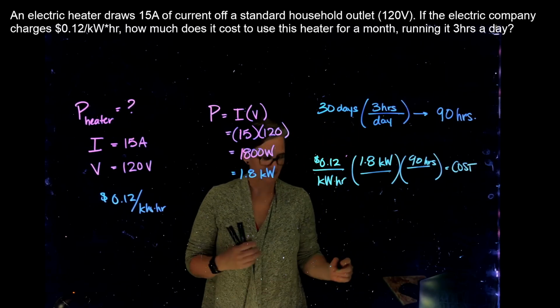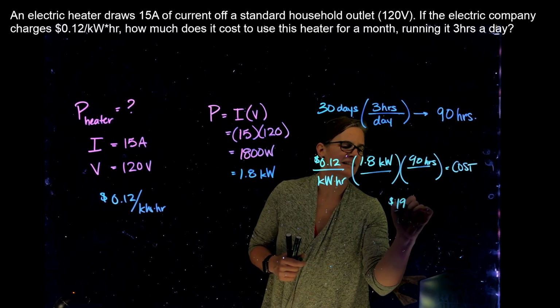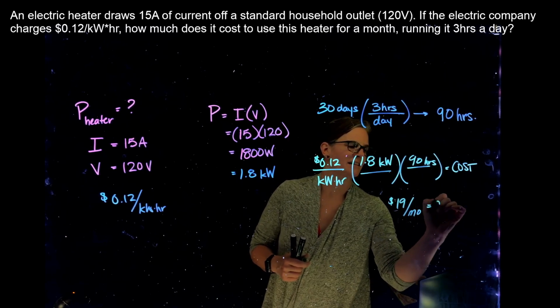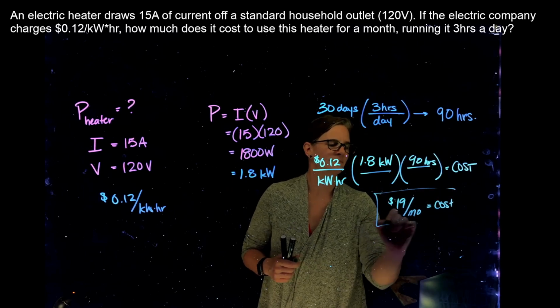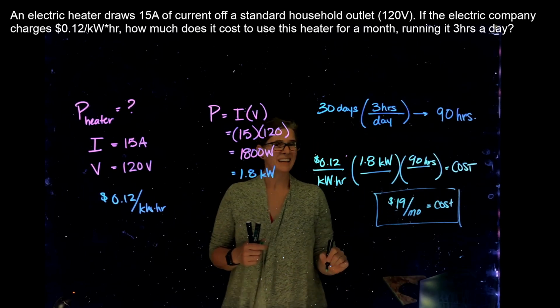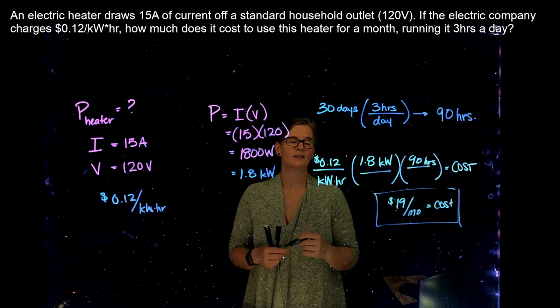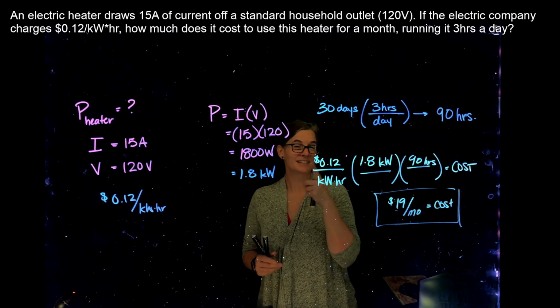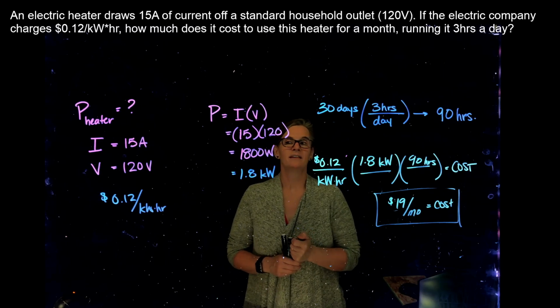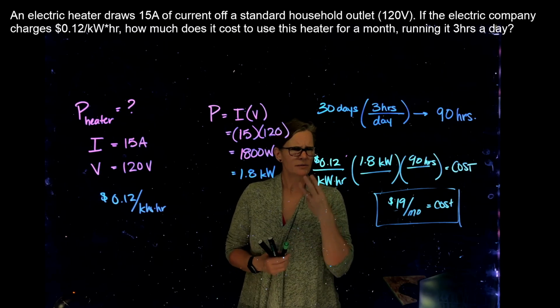When I calculate that all, I get $19 per month is my cost. Not insignificant. That's $250 a year. Of course, you don't run it in the summer, but not insignificant. $19 a month to run that heater for just 3 hours a day.